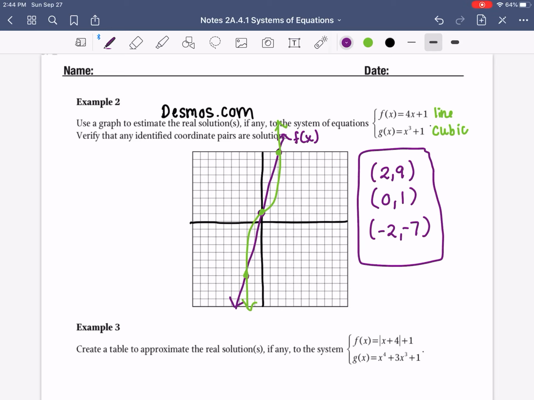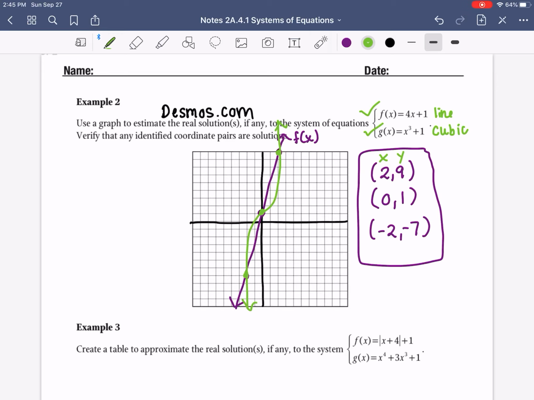It does ask you to verify. The way that you verify is you would take your x, so every ordered pair, you have an x comma y. You would take all of your x's and plug them in for these x's and make sure that for both of them, you plug in the number 2 and you would get out the number 9. So 4 times 2 is 8, 8 plus 1 is 9. Check for this first one. You plug in 2, 2 cubed is 8, 8 plus 1 is 9.